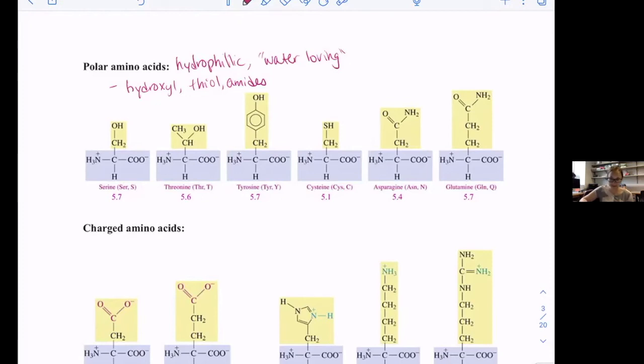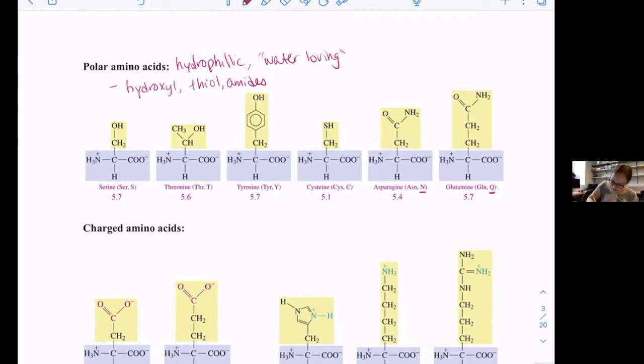So we've talked about these a little bit before when we talked about our hair and how we have a perm and we have our disulfide bond. So that will come back up again this chapter. We also have asparagine and glutamine, which are both amide based. And something you will notice, first off, glutamine, just notice that it's Q. Asparagine is N. These are a little bit weird.